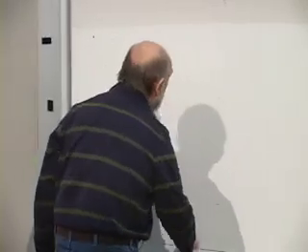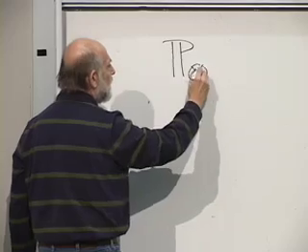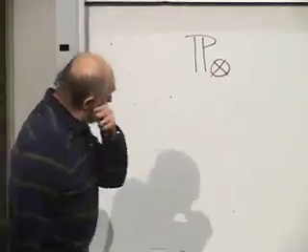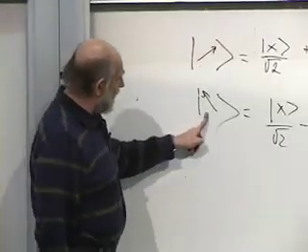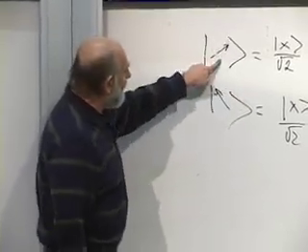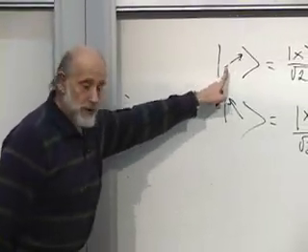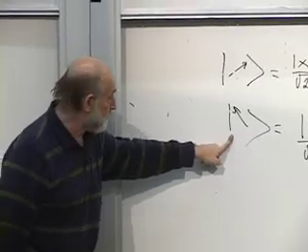Let's give that polarization operator a name. Let's call it this. There's a bit of arbitrariness. Do we call this having +1 and this -1, or do we call this one having +1 and this -1? But let's fix it. For the rotated polarization operator, let's say that this has polarization +1 and this one -1.